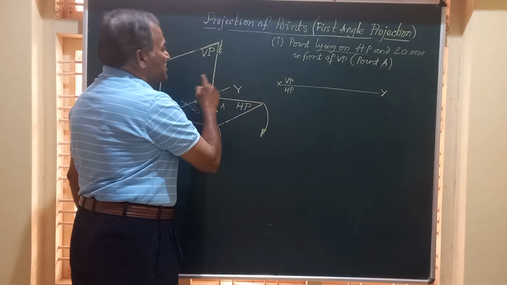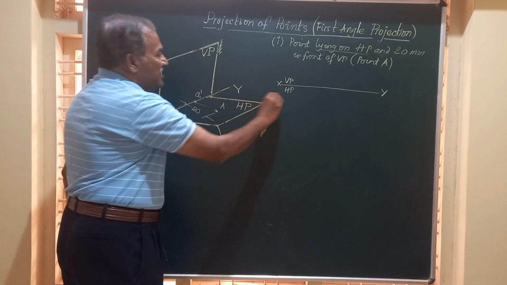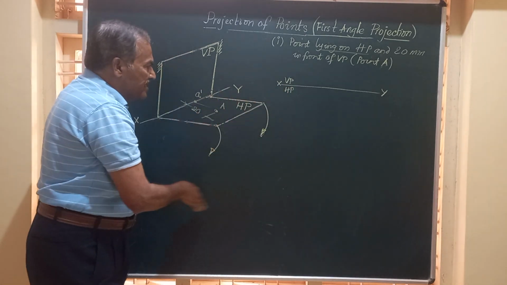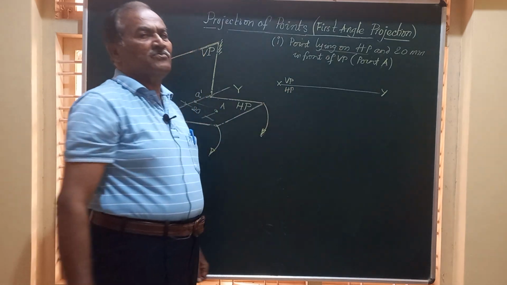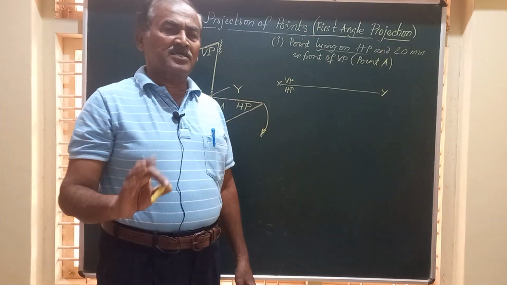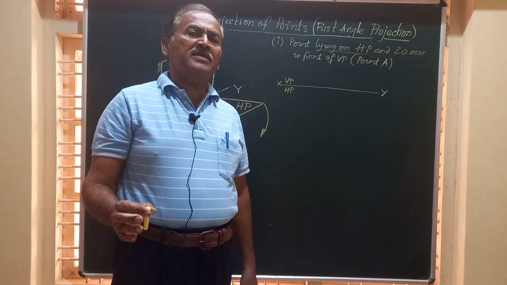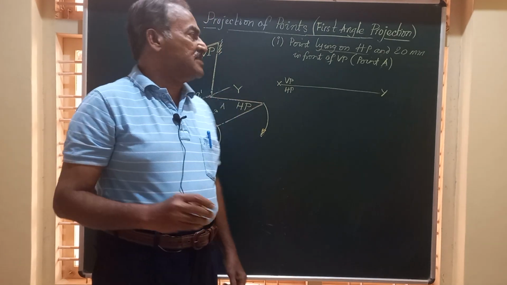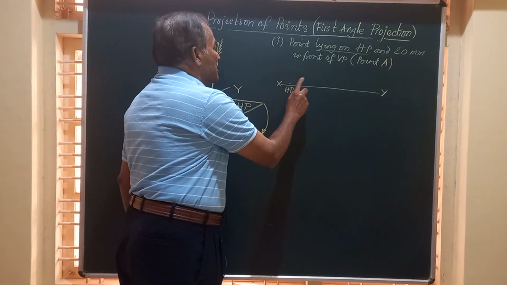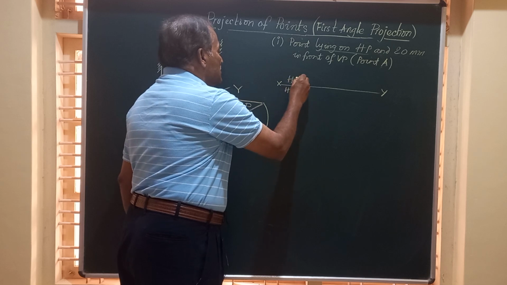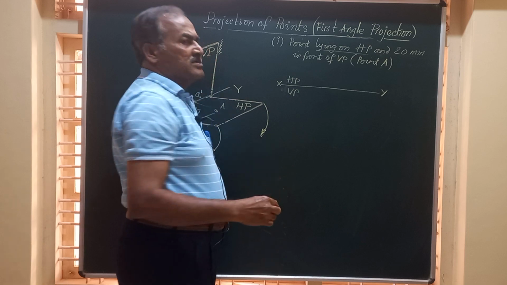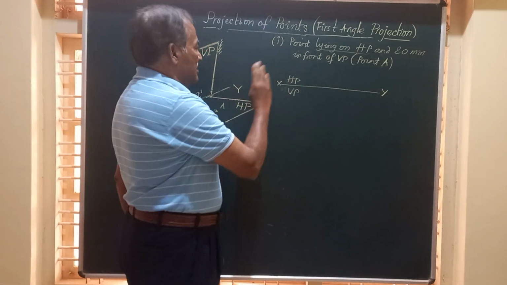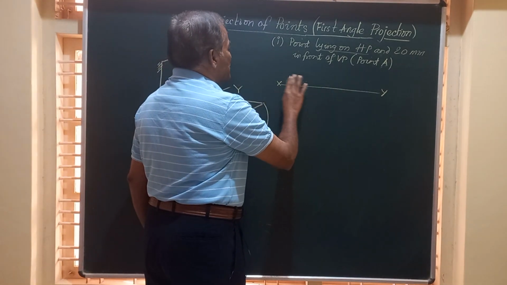So VP is fixed and it comes above the XY, and HP can be rotated downward through an angle of 90 degrees, and we show it by VP and HP. In the same way, if the point is in the third quadrant, then HP will come here and VP there. This is how we represent the coordinates of the system in third angle projection.